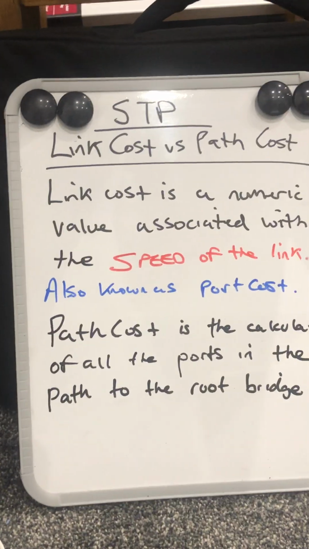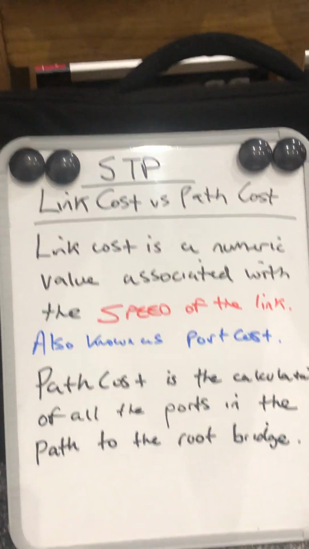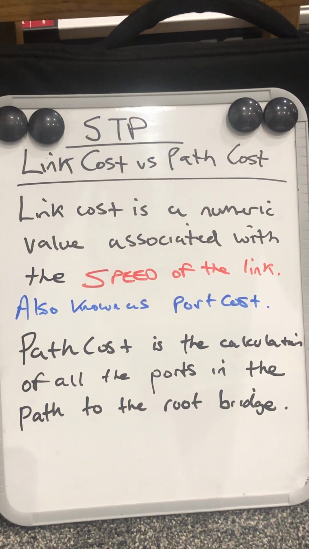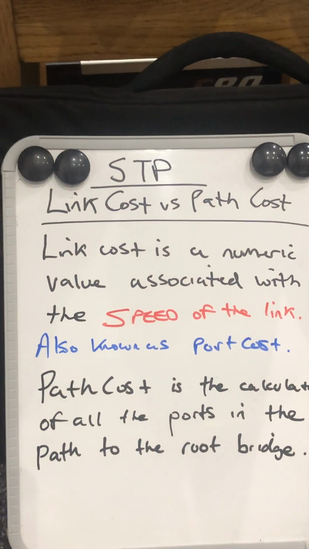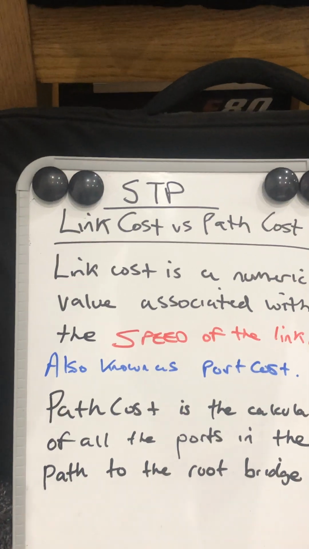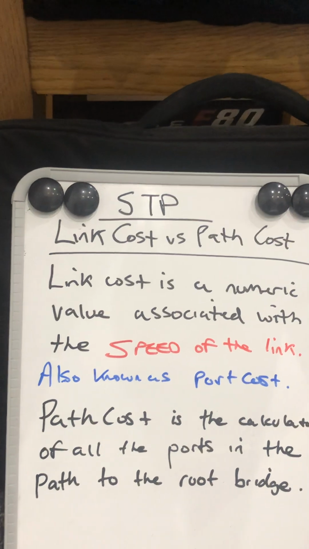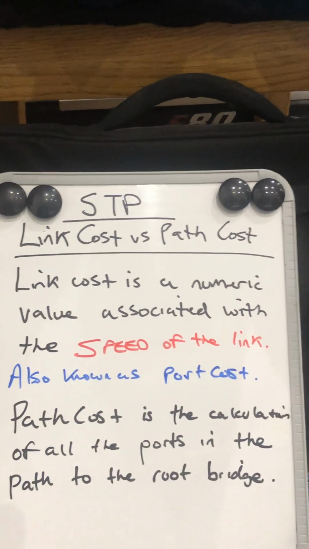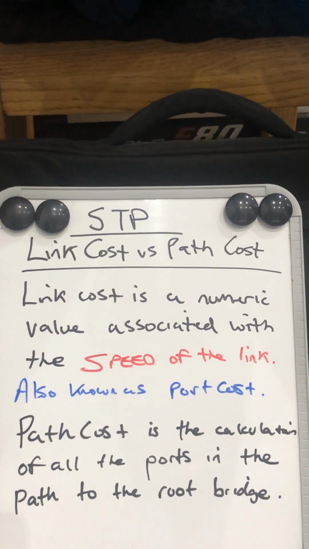So link cost is a numeric value associated with the speed of the link. Basically, it is a way of ranking the different links that we have: fast Ethernet, gigabit Ethernet, 10 gig Ethernet, by giving them a particular number, a number that's associated with the speed.